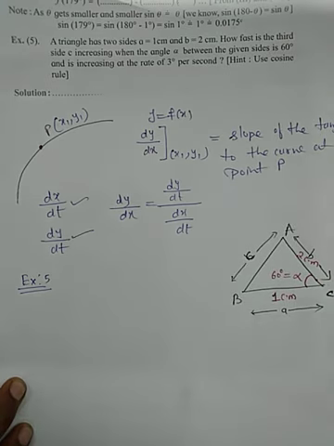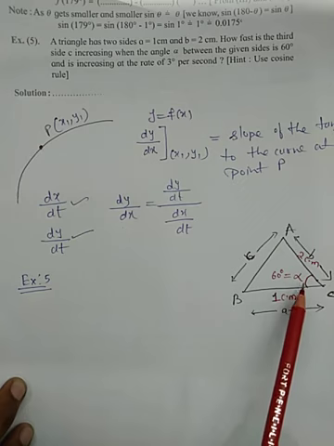Normally we write C, but they have given it as alpha. Okay, it's not a problem. You can take alpha also, but there is a chance of confusion if I am writing alpha.